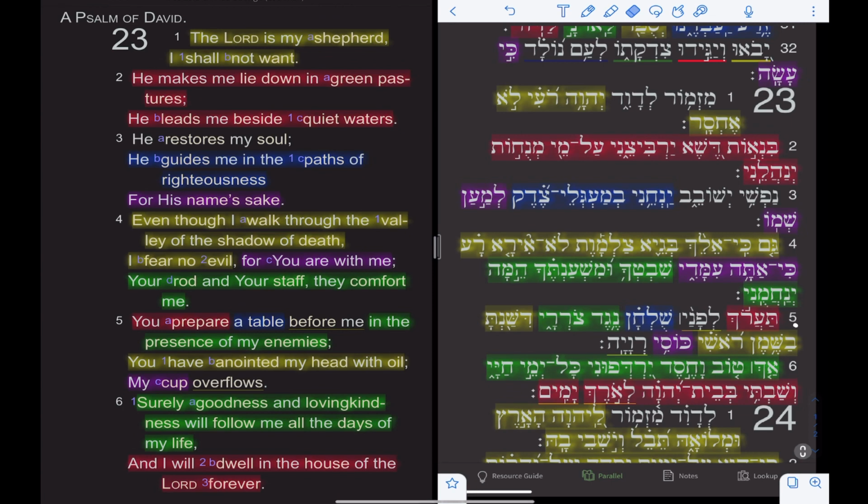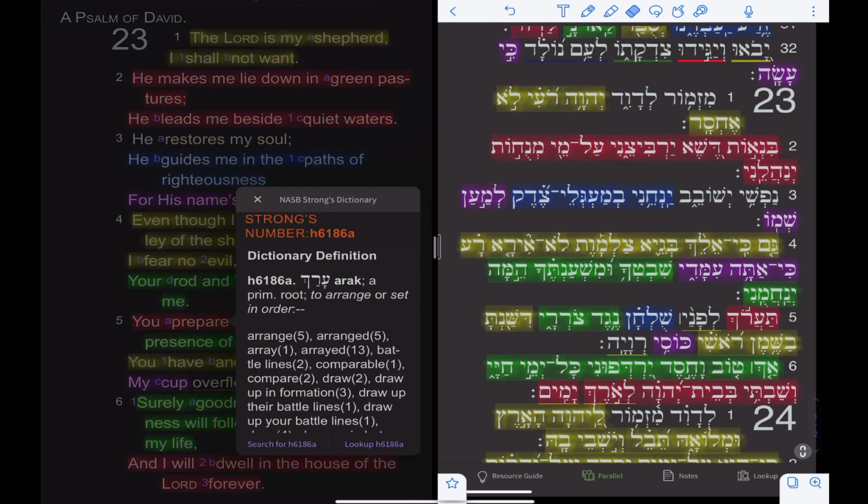Moving on to verse 5, you prepare is ta aroch, right? So the shoresh is arach, and then the tav is you will do it. Or like maybe from the King James, we know the English word thou will do it. The tav then is sort of thou preparest or set in order.